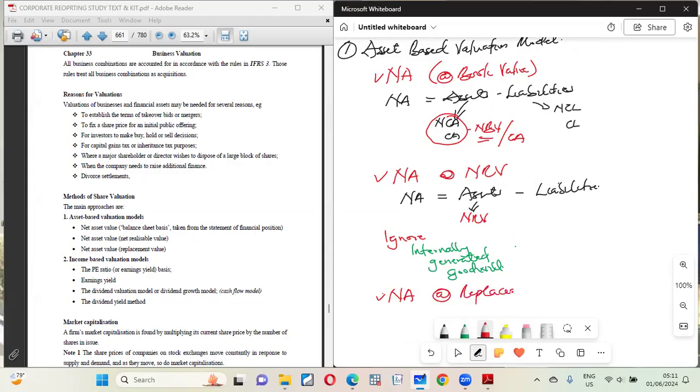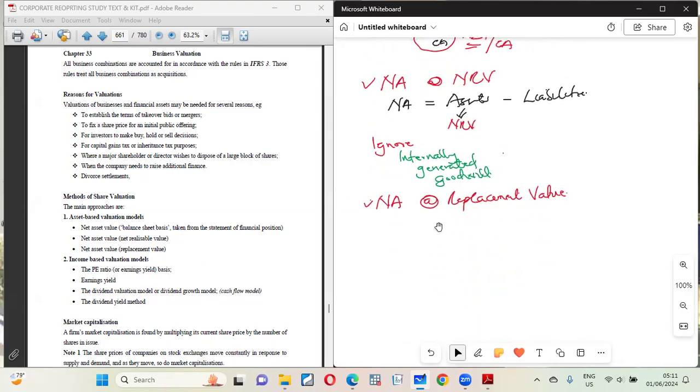What is replacement value? Replacement value simply means how much would the thing cost today if I'm replacing it? Because figures are historical. How much would the thing cost today in the market? Today. All right. So here, your net asset is equal to all of your assets minus the liability.